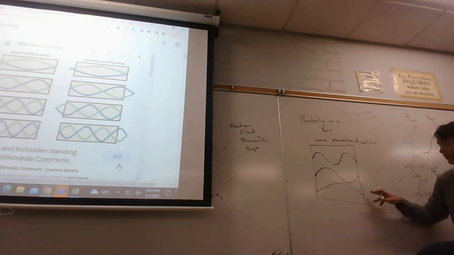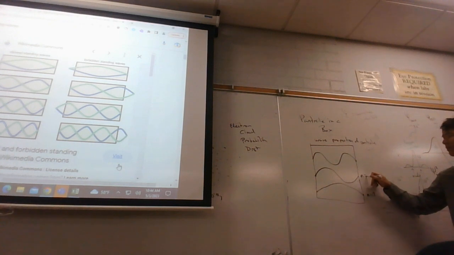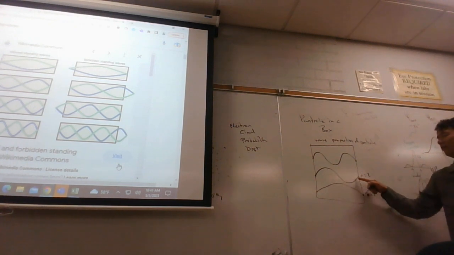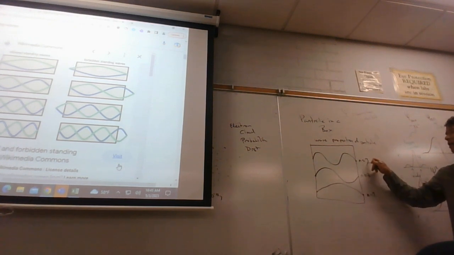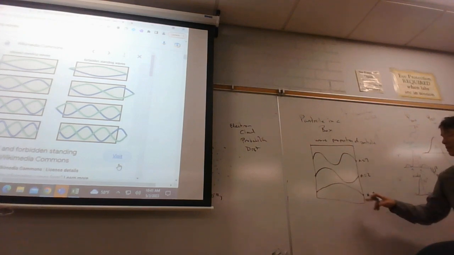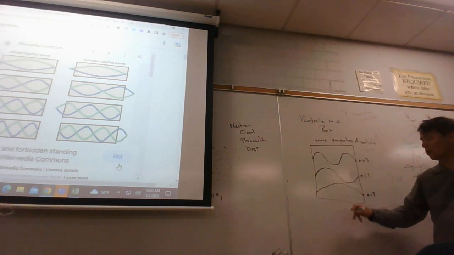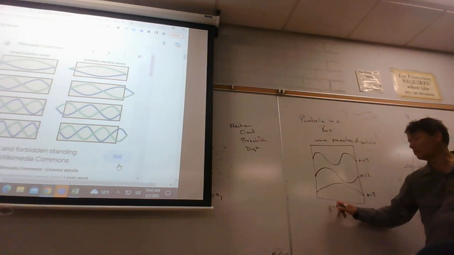Here we have n equals 1, where 1 is how many half waves you can get. Over here we have n equals 2. We fit 2 half waves in there. N equals 3. And so we're going to have this in multiples of half waves. And so we can see that the energy of a string is quantized, and the energy of a standing wave is quantized.